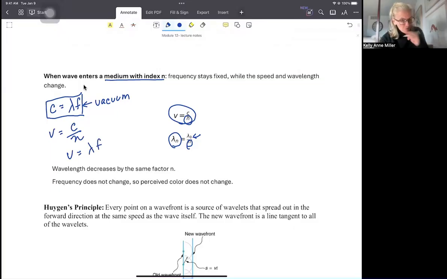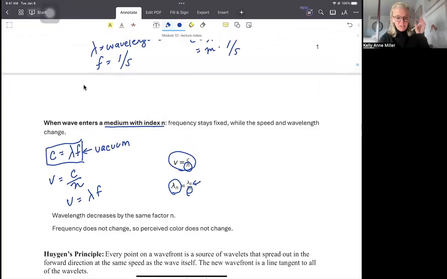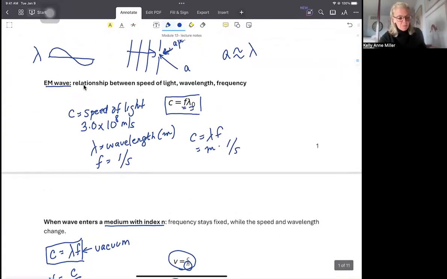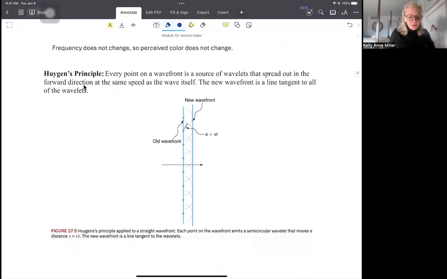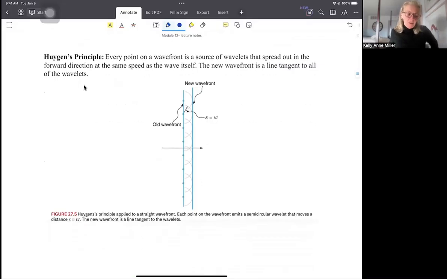But the important point here is that when light of a certain frequency goes from one medium to another, the wavelength decreases, assuming that the index of refraction is higher. The wavelength changes, the frequency doesn't.